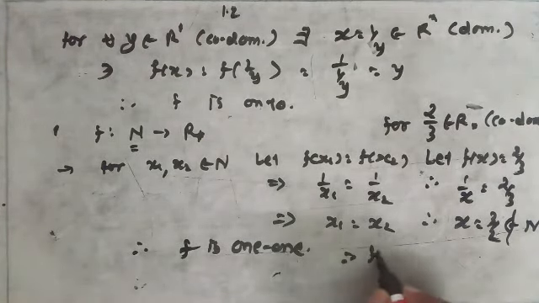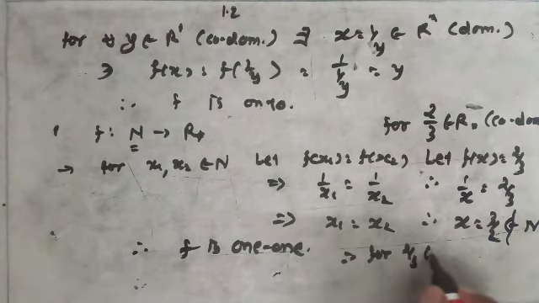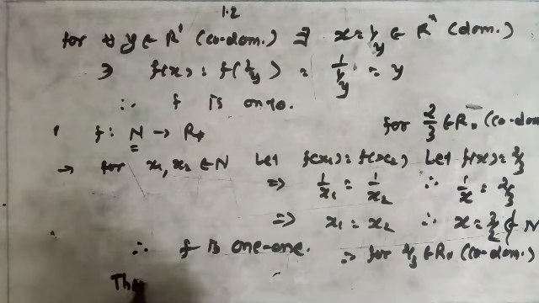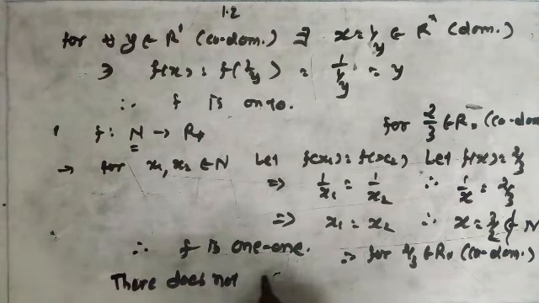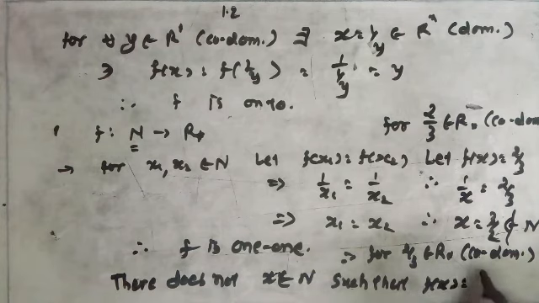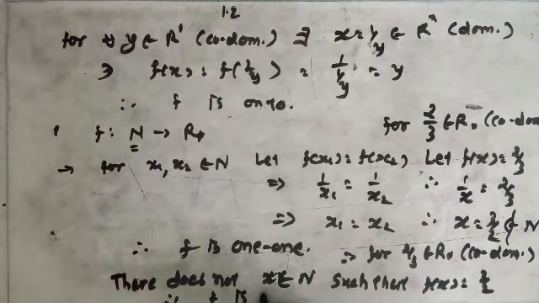Therefore for 2 by 3 belongs to R star, the codomain, there does not exist x belongs to N such that f(x) is equal to 2 by 3. Therefore, the given function f is not onto.